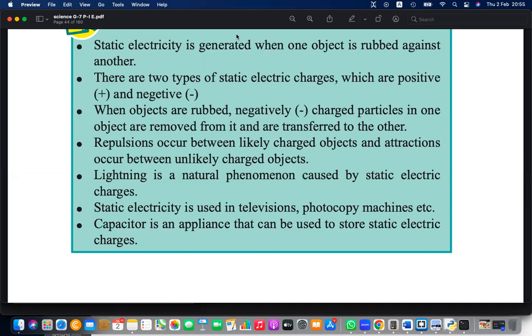Can we make lightning artificially? How do we make it? I need you to explore that. As a result of this, let's have a little look at how we can make lightning artificially. Using static electricity, can we do that? Let's do that experiment. When you come to the next class, come up with that experiment.